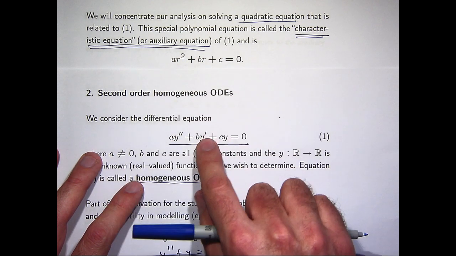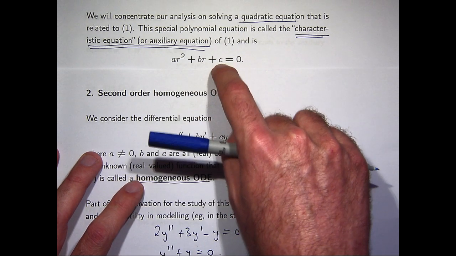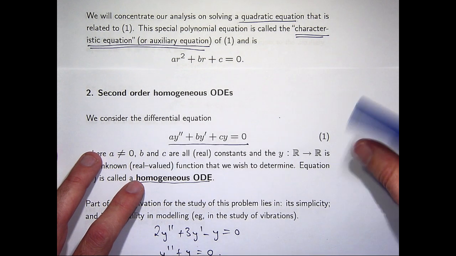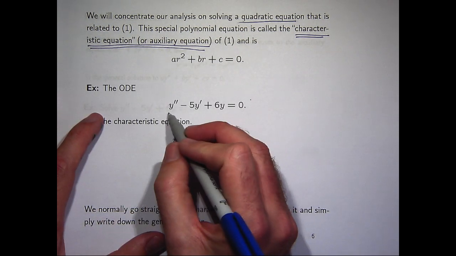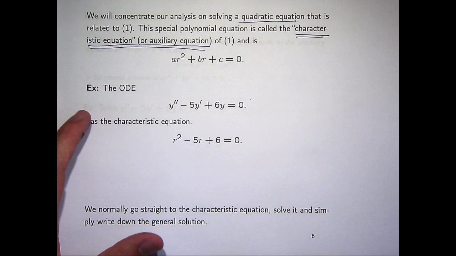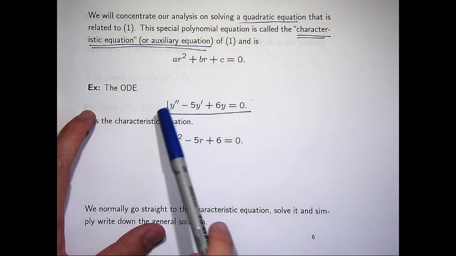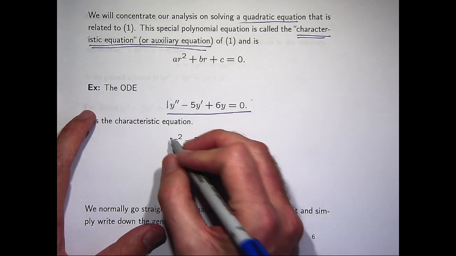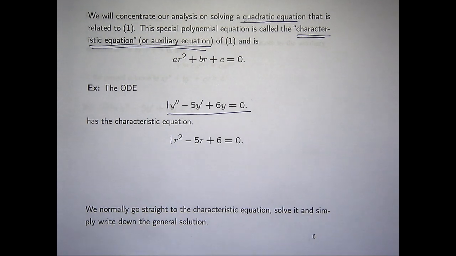You take the coefficient of y prime and multiply by r, and you take the coefficient of y, just write that coefficient down, and set it equal to 0. So for example, this ODE here, let's look at the coefficients: 1, minus 5 and 6. This would be the characteristic or auxiliary equation associated with that.